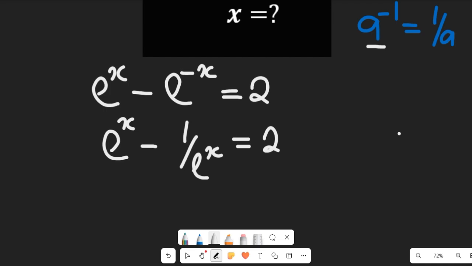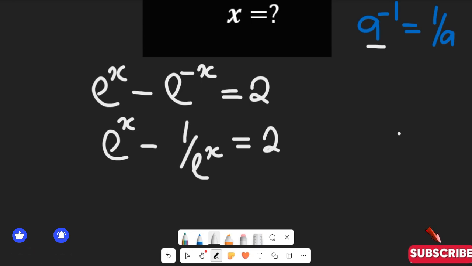Now, in the next step, I can be able to simplify. I want to simplify by removing the fraction, and the fraction is the exponent value of x, right? So what I'll do is to multiply all through by the exponent value of x.